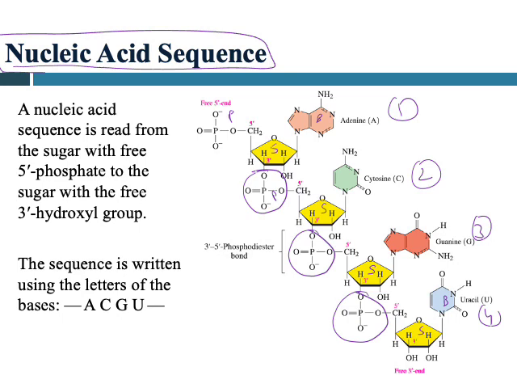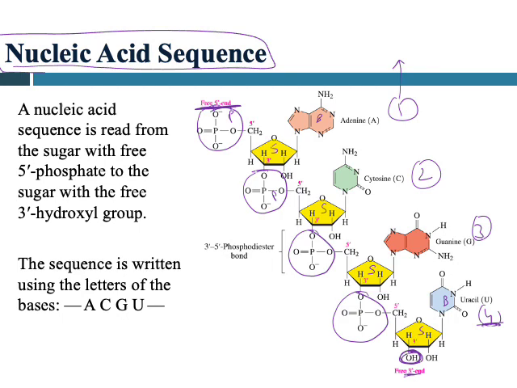The top nucleotide has a free 5' end, and the fourth nucleotide has a free 3' hydroxyl group, because we don't have any nucleotide below this one and we don't have any nucleotide above that one. That's why they are free. They cannot make any more phosphodiester bonds, right? Okay, so this is the structure of a nucleic acid.